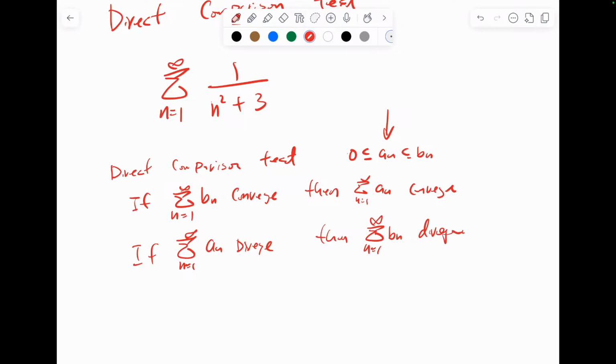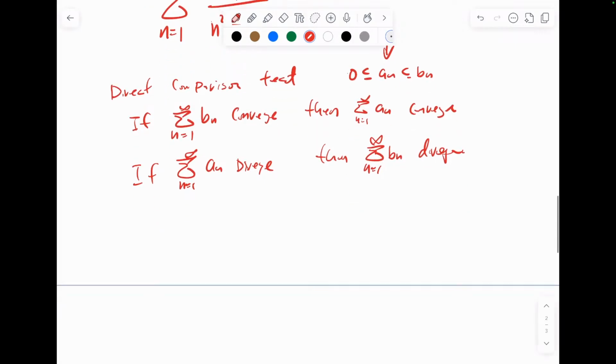It's more than diverge, so it has to diverge. If I want to write it in normal language: if the larger series converges, then the smaller series must be what?